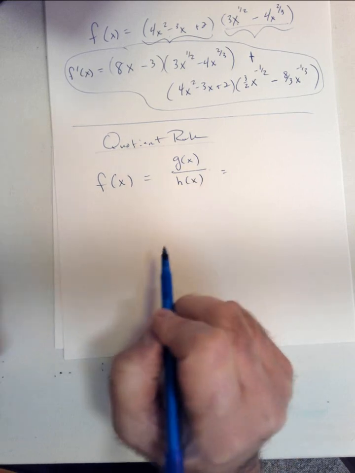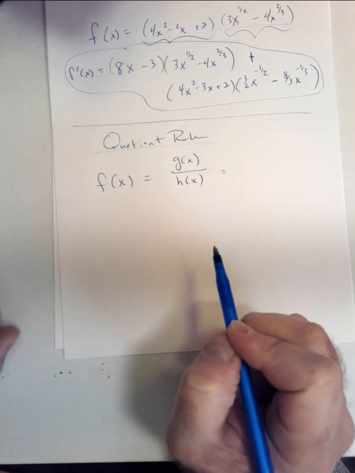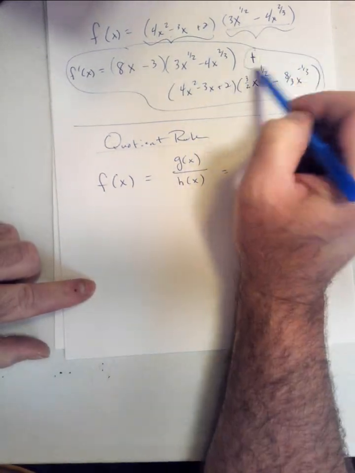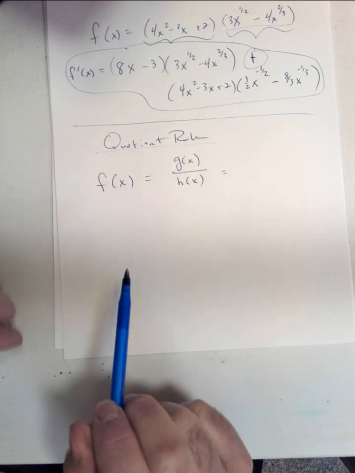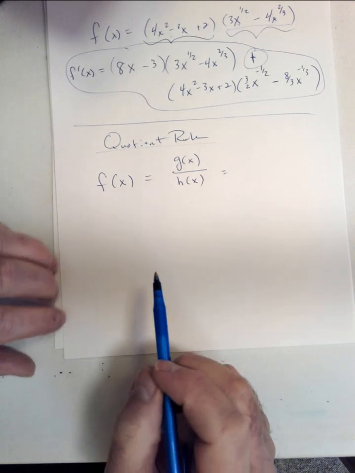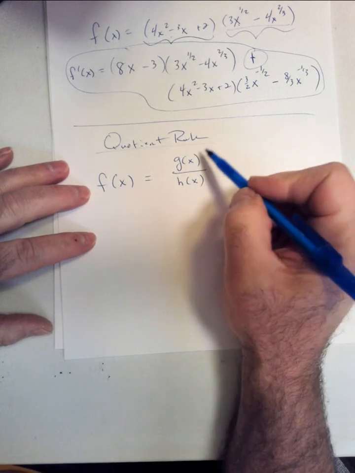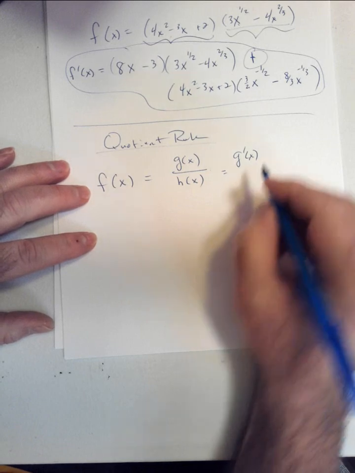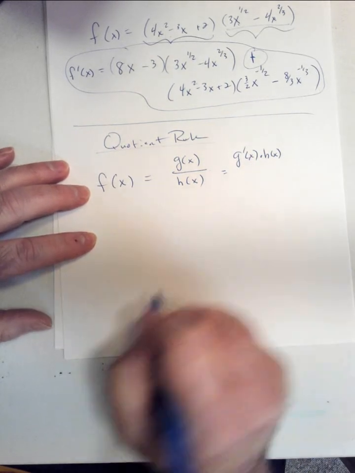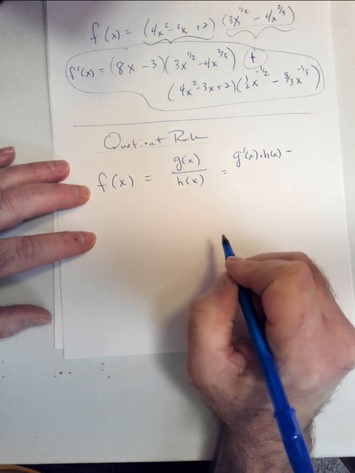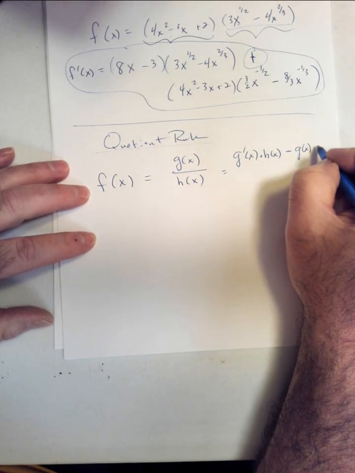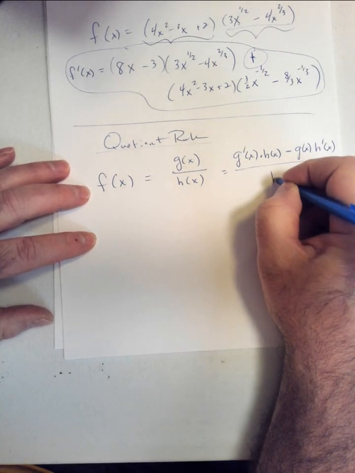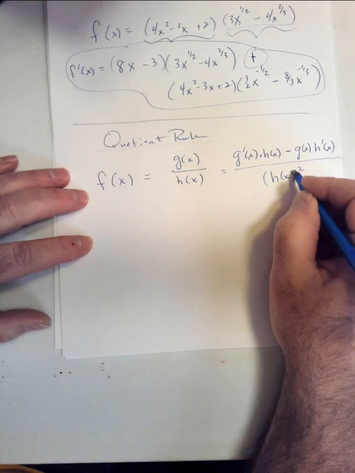So you're going to take the top, and in this case, you got to make sure you pay attention to the order. Up here, I mean, I could have flipped the order and done this first. It wouldn't have mattered because we're adding. But here, order does matter because we're going to be subtracting. So when you apply the quotient rule, you take the derivative of the numerator, so that becomes g prime of x, times the bottom, the denominator, minus the top function times the derivative of the bottom, all over the bottom function squared.